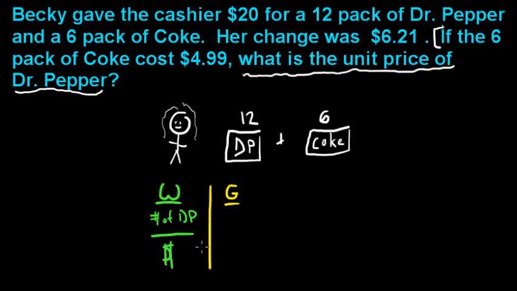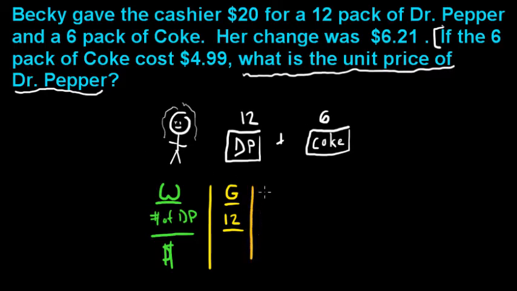Okay, so for the given ratio, we know that the given ratio is 12 Dr. Peppers. Okay, and the price of those 12 Dr. Peppers, we don't know yet, actually. This is going to take a little bit of math to figure out this number right here, the price for 12 Dr. Peppers. So we can't quite solve that just yet.